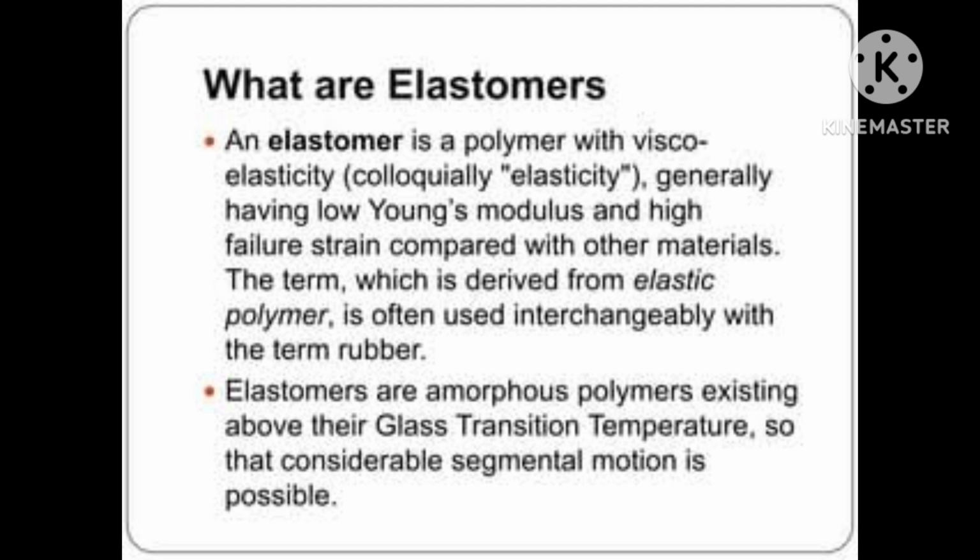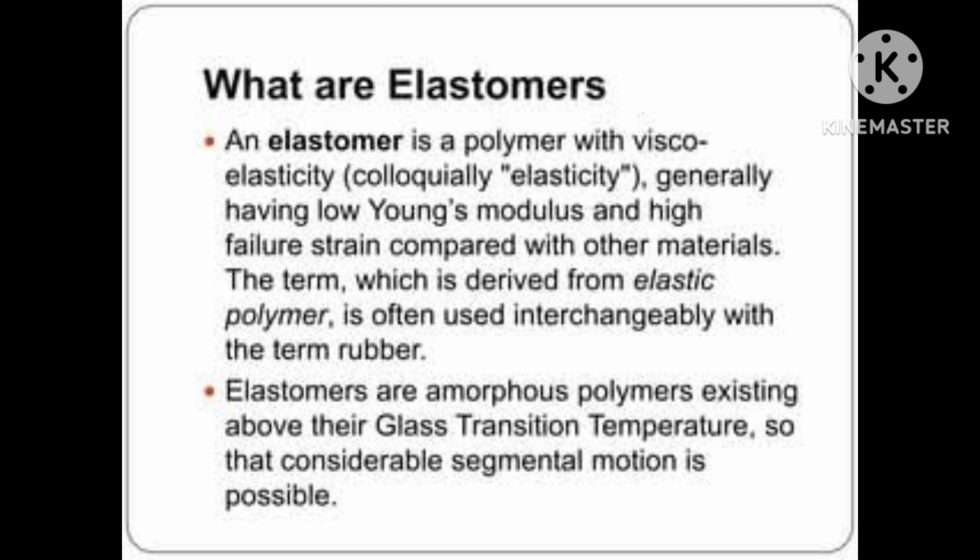Examples are Buna-S, Buna-N, neoprene, etc. Last class I told you about Buna-S. S means styrene. Buna-S is formed from 1,3-butadiene plus styrene. The other is Buna-N.